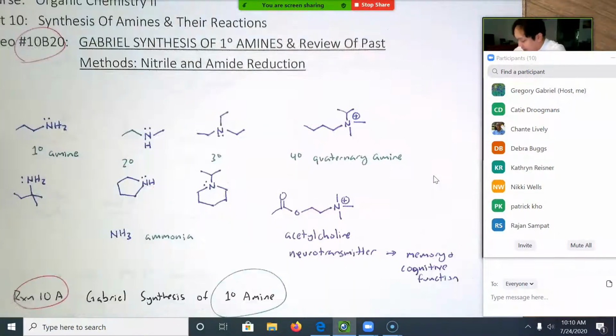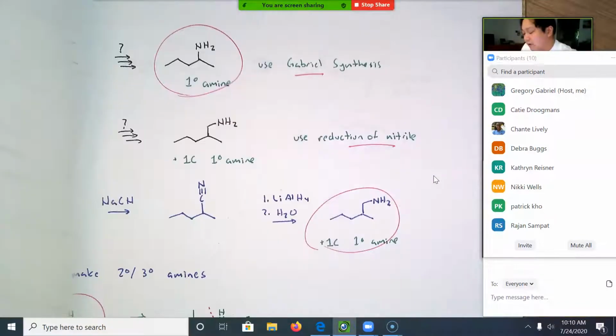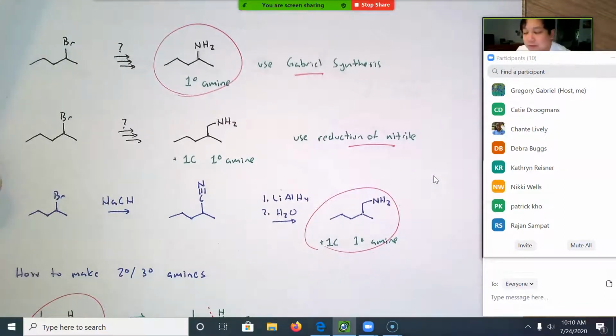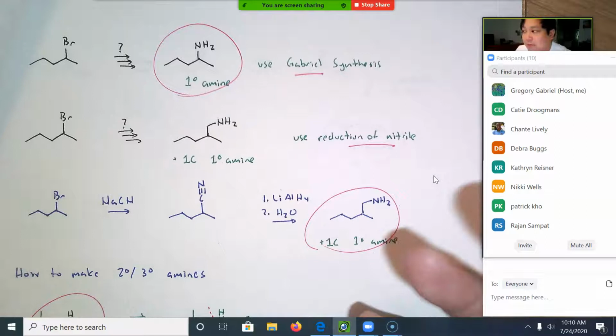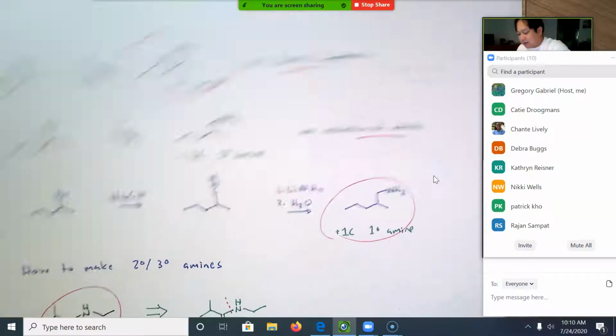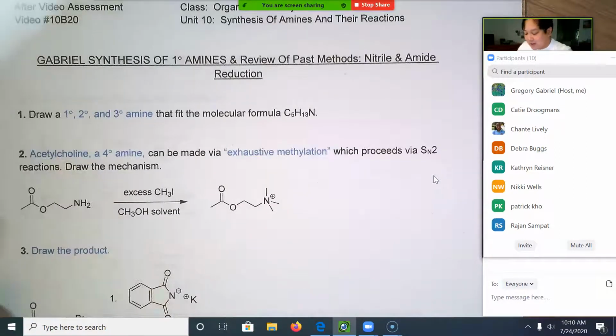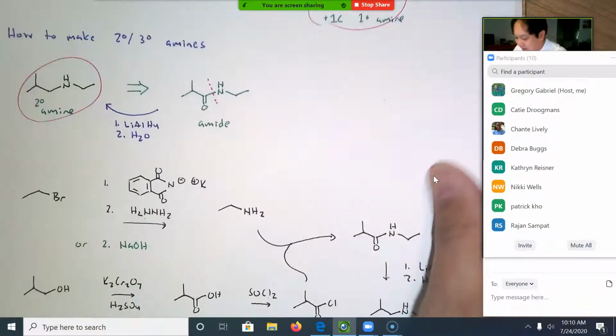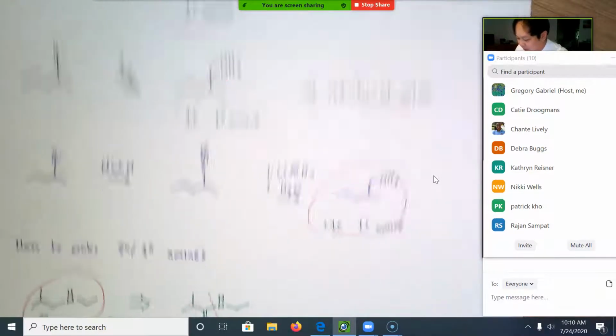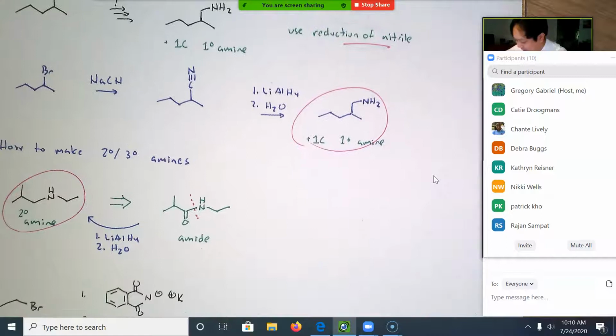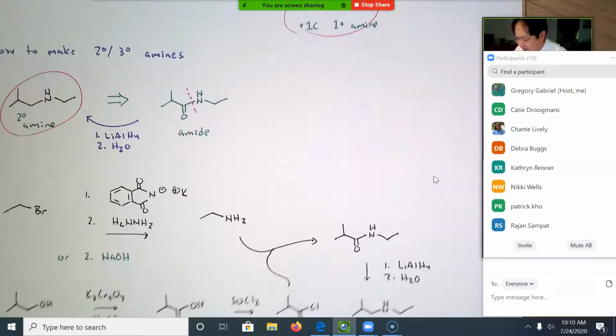Because, and again, hopefully you guys are learning the skill to create your own study aids. But this one presents a little bit of a challenge because with the reduction of an amide, if I could find it, right?